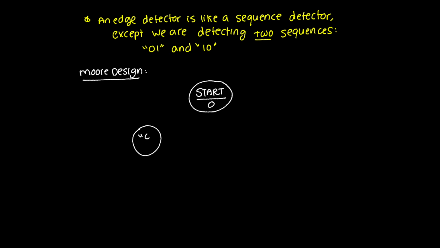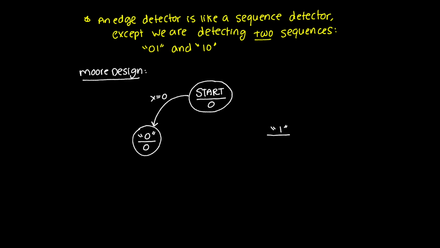In the first case, my incoming X bit is a 0, and I'm going to move to a state that I'm going to call 0. And again, I'm still going to output 0 because I haven't detected any transition yet. My second option, again starting from the start state, is that I've detected a 1. I'm putting them in double quotes to indicate that this is not the binary value that I'm assigning to my state, but rather that a 1 has been detected.